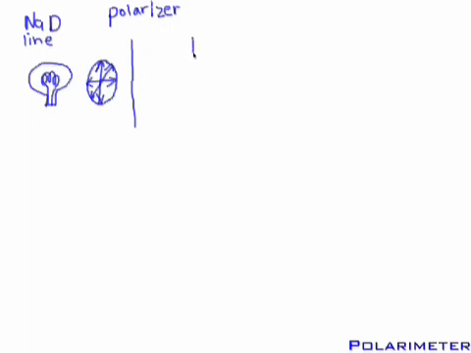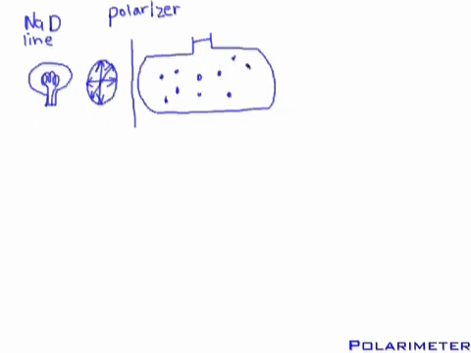Now on the other side of the polarizer is our sample tube. And our sample tube is that which the beam passes through, and it will have a solution, and inside that solution will be dissolved our chiral molecules. Now we need to know a couple things when we actually do these measurements.